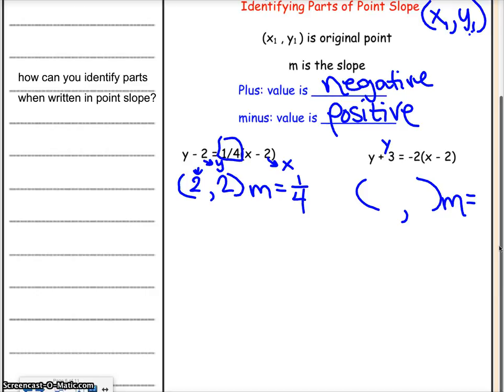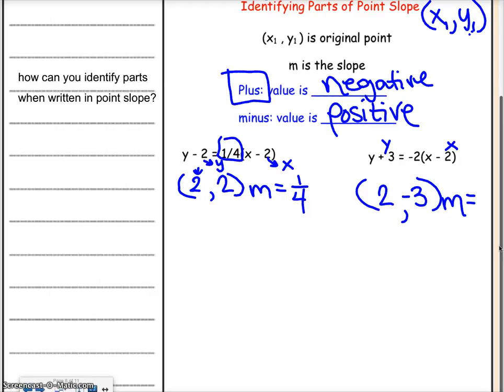Remember, that should be the y you're given. This should be the x I'm given. Since it turned to plus, according to right here, it means that my y value is negative. So this is actually a -3. This is still minus. Minus means the value is actually positive. So my x is a +2.